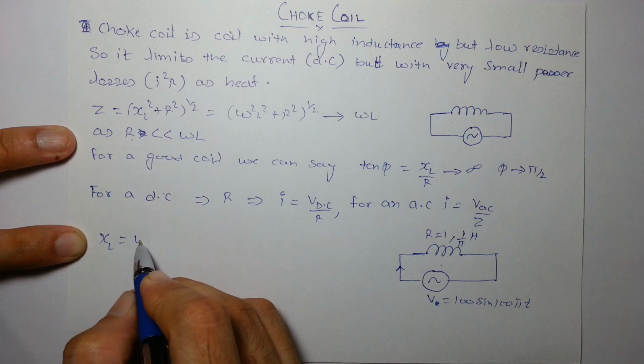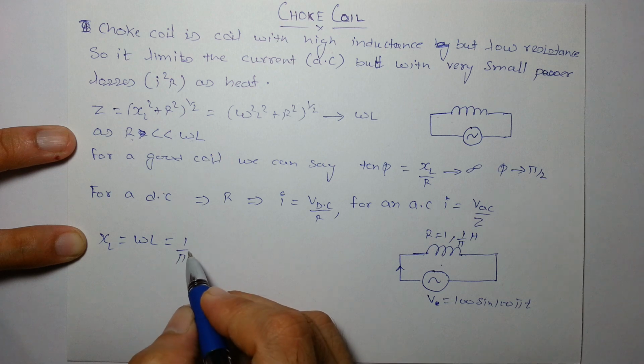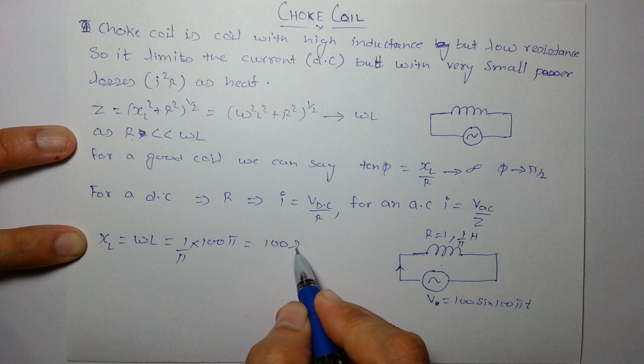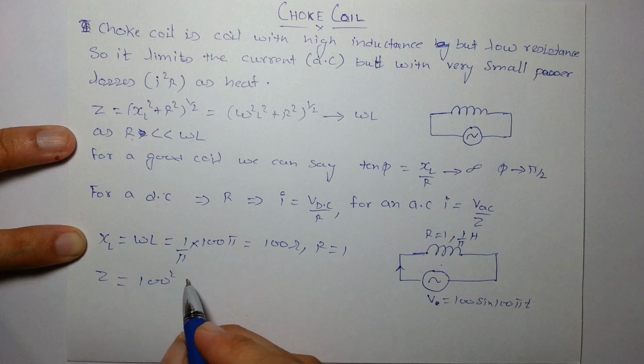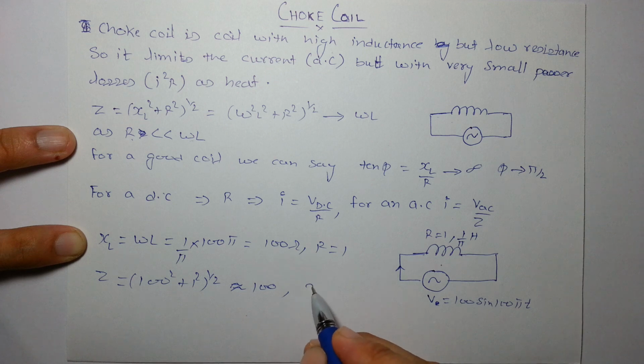In this case, XL is omega L, which is 1 by pi into 100 pi, meaning 100 ohm, and resistance is 1 ohm. So what is Z? Z is the square root of 100 square plus 1 square, which is very similar to 100.